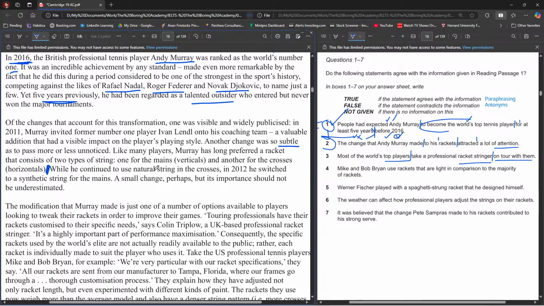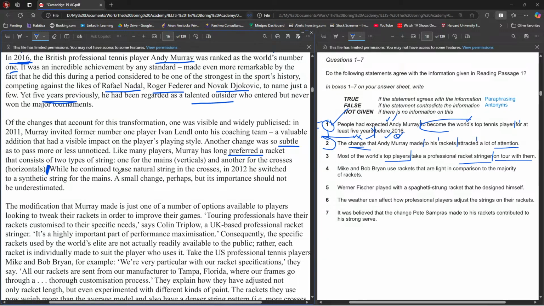So it already mentions something about changes. So here we are looking for a change. The change that Andy Murray made. What change did he make? He had always preferred two types of string. It doesn't say he made it. He just preferred it. So he might have purchased it from somewhere.